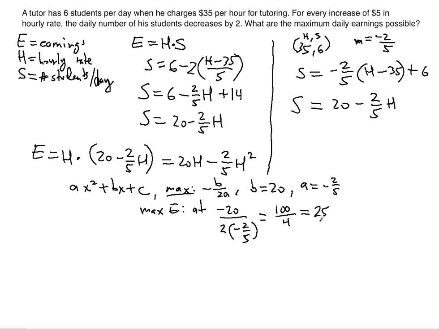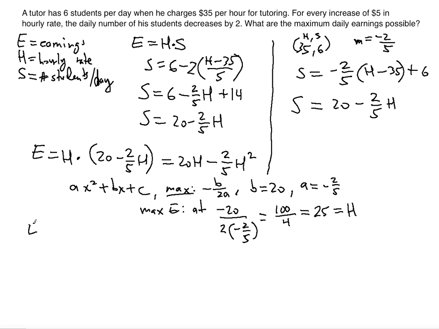So that's 25. So the maximum earnings amount will be when H is equal to 25. Then when the hourly rate is $25 per hour, okay, that will determine the maximum earnings amount. So now let's calculate what it's going to be.